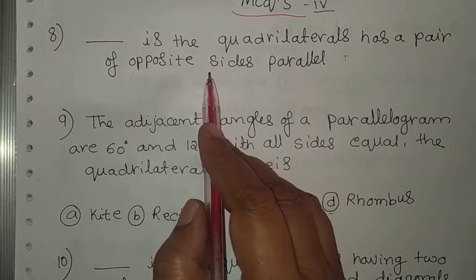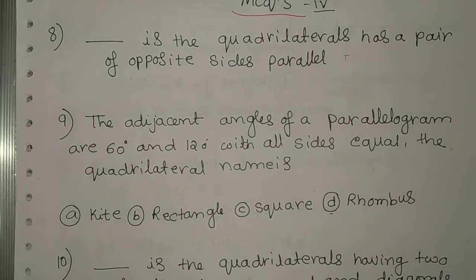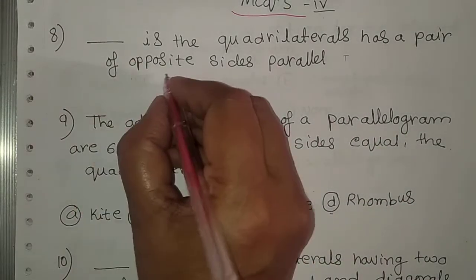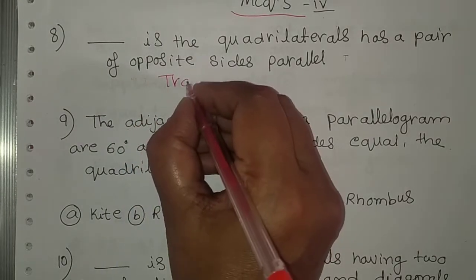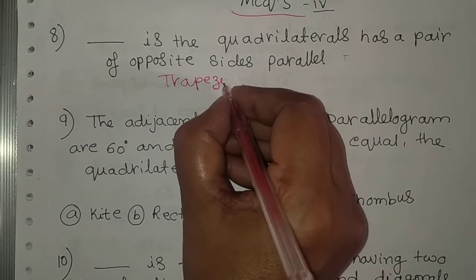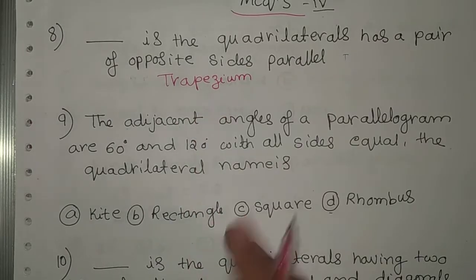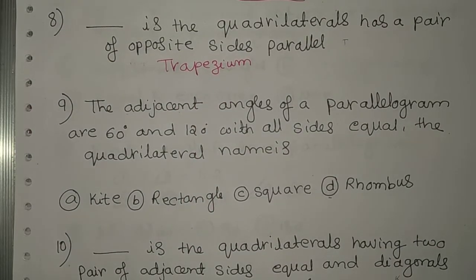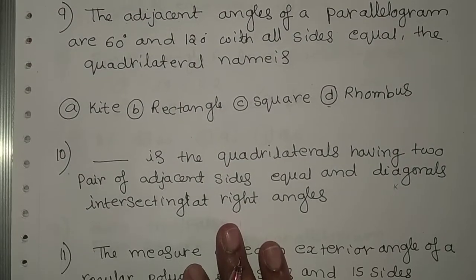Now which is this? The answer is trapezium. Trapezium is a quadrilateral with a pair of opposite sides parallel. So this is the answer.